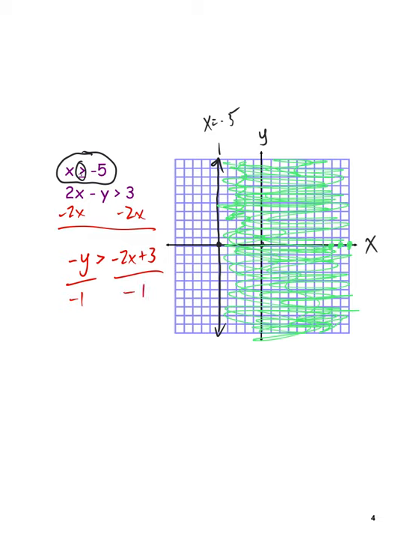But also, since I've divided by a negative, I actually have to switch the inequality. So this is now y, and instead of greater than, this is now less than, because I've divided by a negative number. And anytime you divide or multiply by a negative number, that switches the direction of the inequality. That goes back to our first unit of the year.